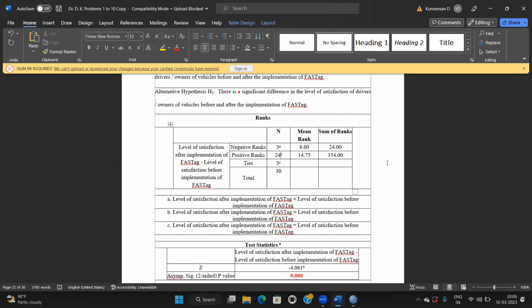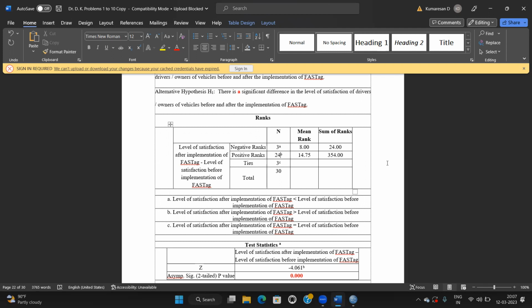If negative ranks are more, then we can say the satisfaction level after implementation of FASTag is reduced. That means they are not satisfied with the FASTag.